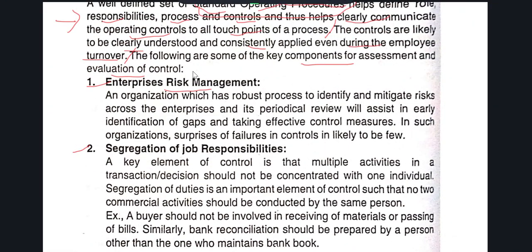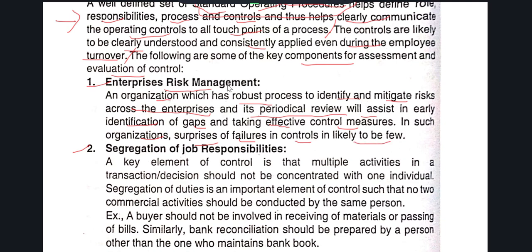What is enterprise risk control? An organization with a robust process to identify and mitigate risk across the enterprise, and with periodic review while assisting early identification of gaps and taking effective control measures, is likely to have few failures in the controls.